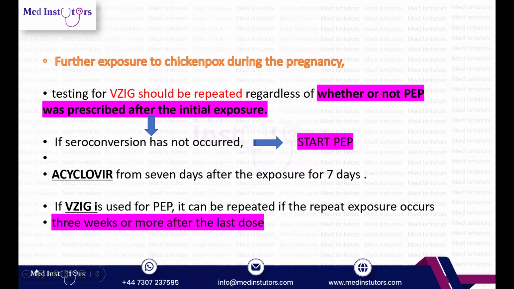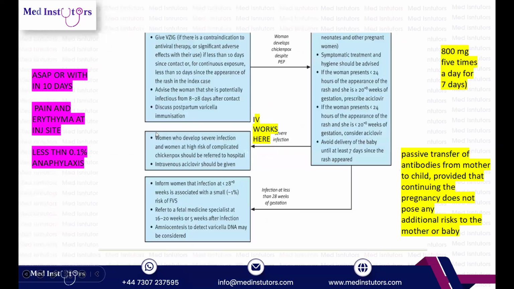At any gestation, if the patient comes and we require to give prophylaxis, we can give it at any gestational age, no matter what period of pregnancy she is in. For post-exposure prophylaxis, just give it to her. But in case of therapeutic, we have to consider and think. That is important.